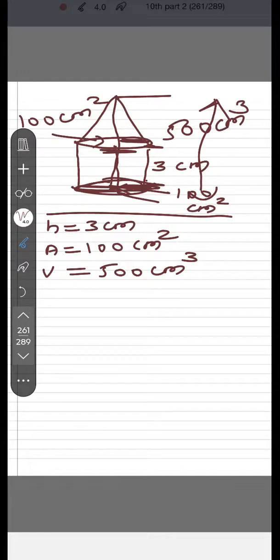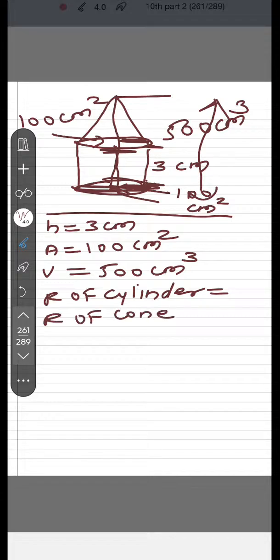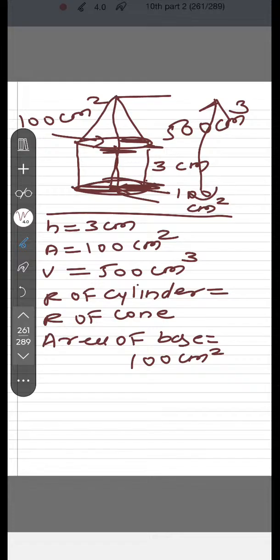So I can say the radius of the cylinder is equal to the radius of the cone. Okay, so if the area of the base is equal to 100 centimeter square, then it means pi r square is equal to 100.